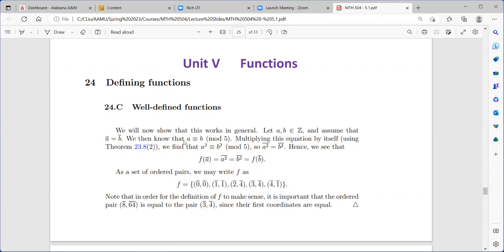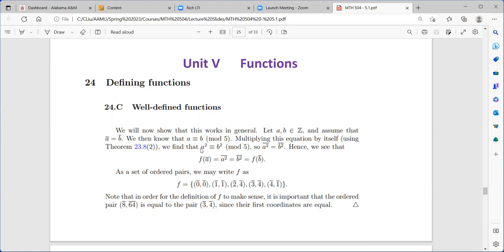So using the properties of modulus, I mean the congruence relation, you can multiply two congruence relations, left by left and right by right.